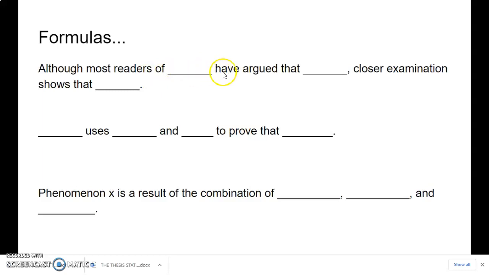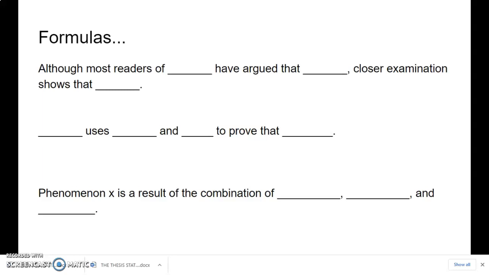Although most readers of Their Eyes Were Watching God have argued that using dialect in writing of African Americans portrays them in a negative light, however, closer examination shows that writing in an authentic dialogue establishes credibility and celebrates the diverse dialects in our country.